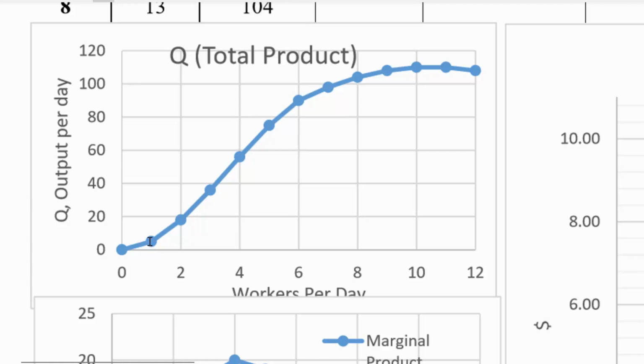Now that's not always going to be the case. Sometimes we might have a table where we produce more, but we don't have a table where we're increasing the number of workers by 1. So to get that slope, we would want to do rise over run. Say we could go between this point where we have no workers and no output and this point, and we could calculate the marginal product of labor by rise.